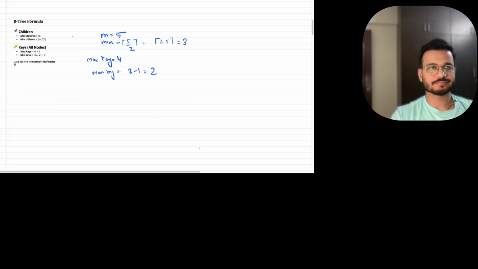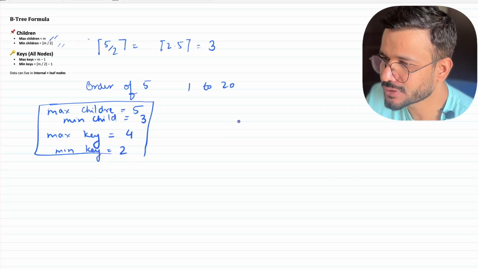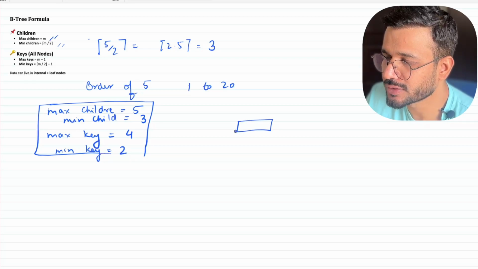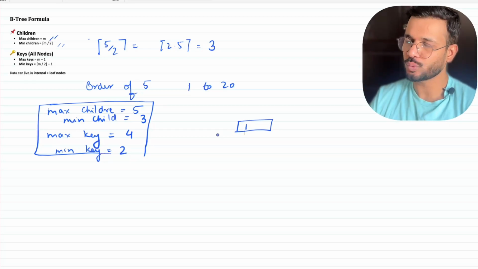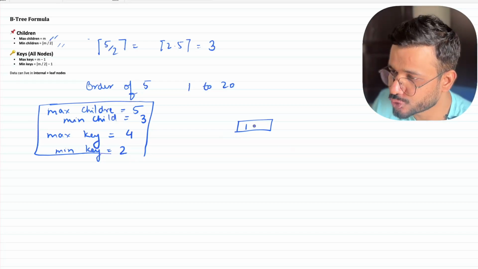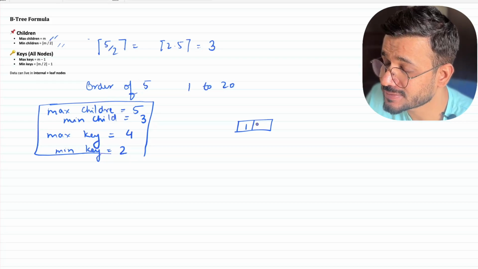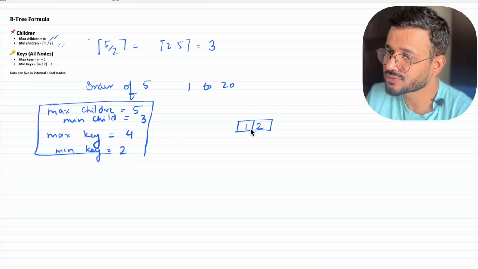Let's insert some values. In this case, we will insert 1 first, and because the root is empty, we can insert 1 value. Then we have value equal to 2, that we can still insert, and then we will insert 3.